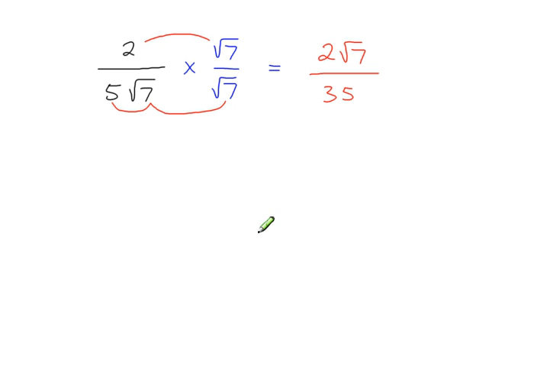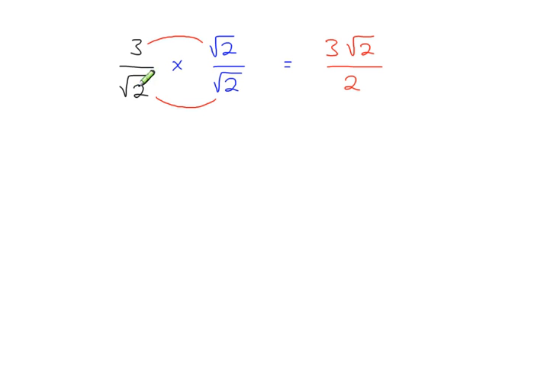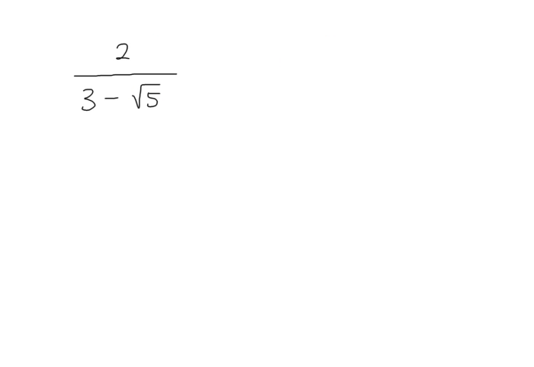Now, in the examples that we've looked at so far, the denominator is just a single term. Now we're going to go on to rationalizing denominators where you have 2 terms in the denominator. So in this fraction here, we have surds.